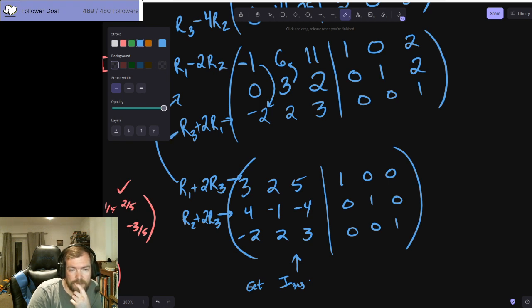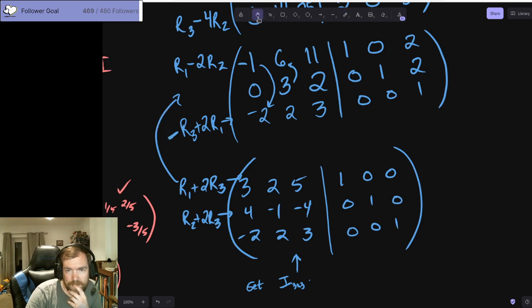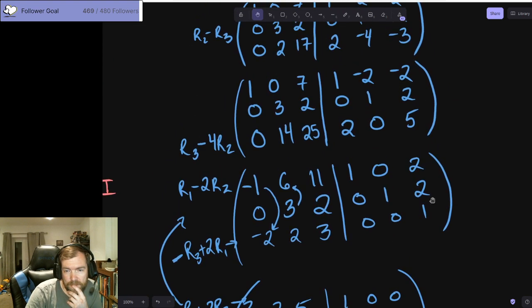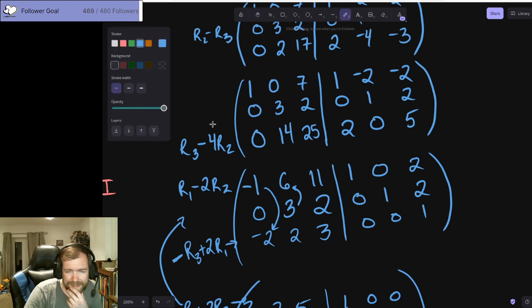Negative row 3 plus 2 row 1. Sure. It's still going to mess everything up, but at least it'll be slightly isolated. Okay. That's negative row 3. 2 of those. So 12, this makes that 10.